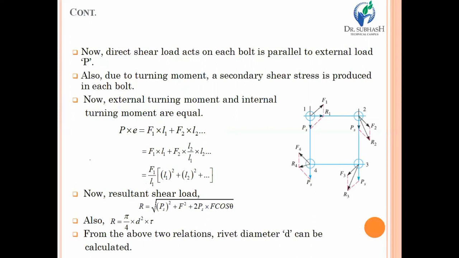Now, after the relation that we have described between force and distance on various bolts, the direct shear load acting on each bolt is parallel to the external load. That is something we can easily predict from the diagram, and due to that, there are two criteria that you have to take care of.